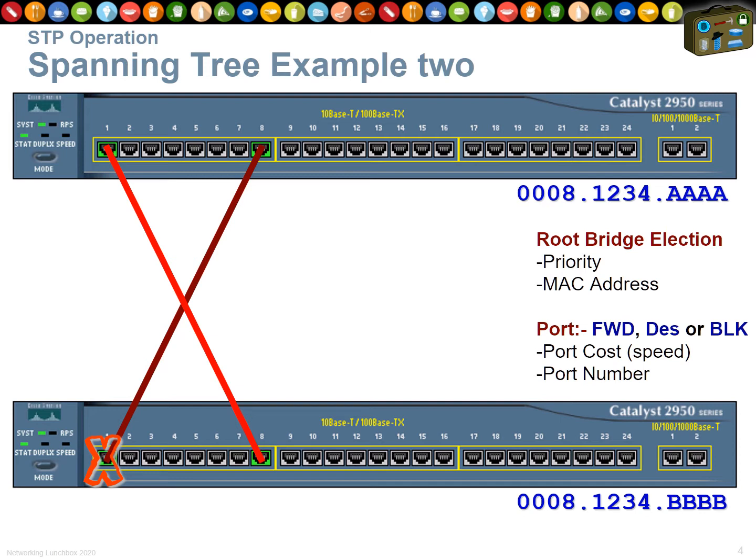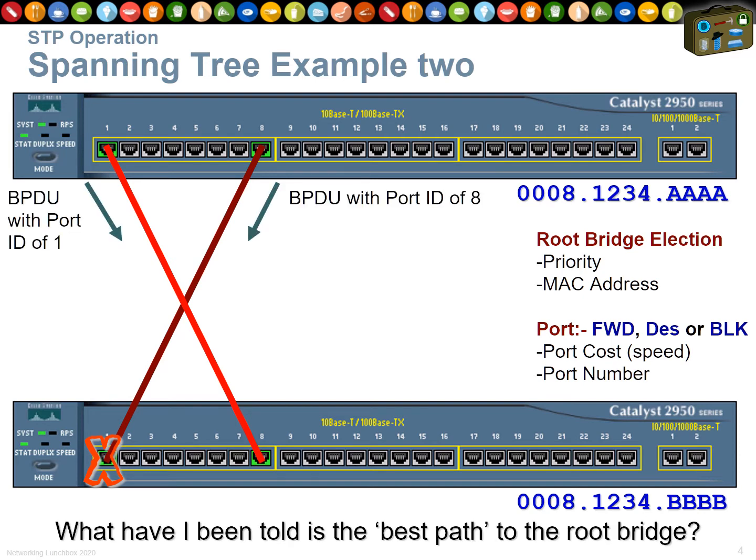That is true. However, think about the communication. The top switch is the boss. It's sending out a BPDU, a Bridge Protocol Data Unit, every 2 seconds with all the information that the bottom switch needs. Part of that information is how to get to the root bridge.